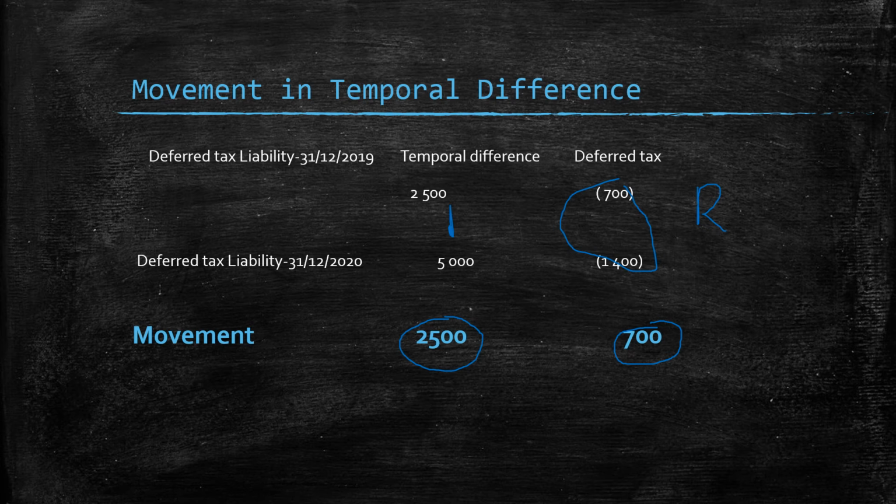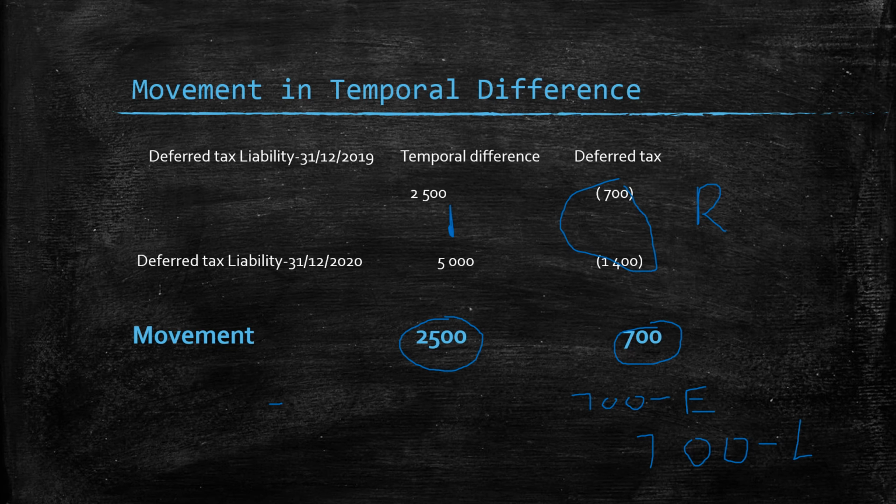Now, if you were requested to journalize this in a journal entry, you would ideally debit the 700 rands as a deferred tax expense, and you would credit the 700 also as a deferred tax liability.